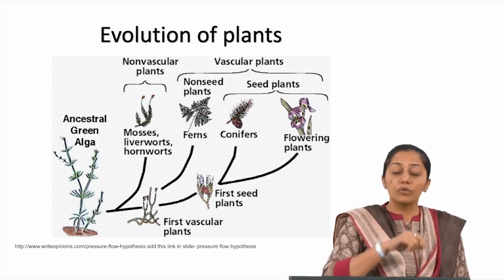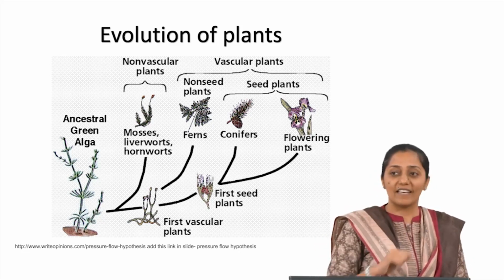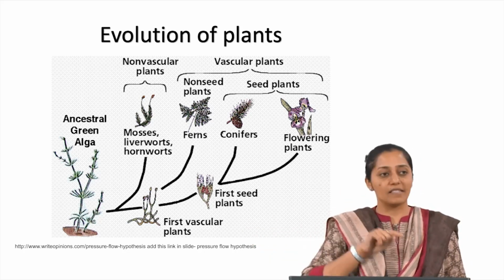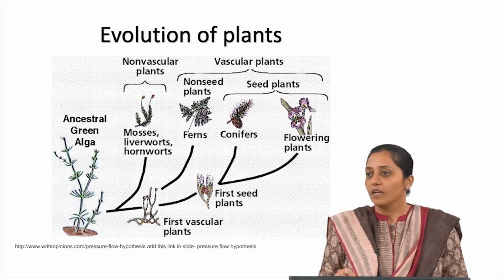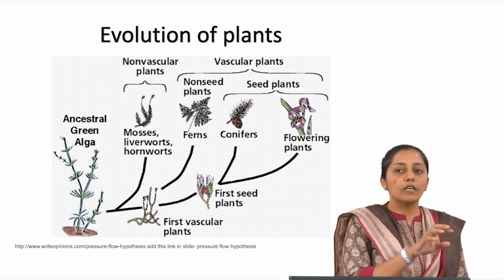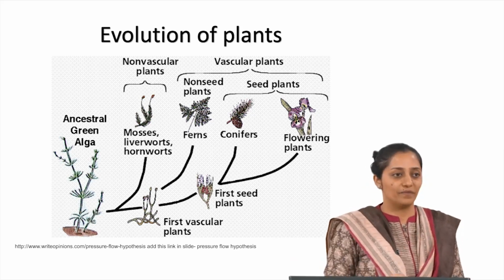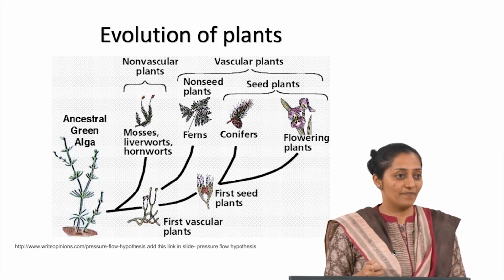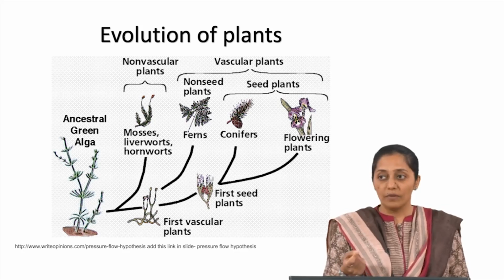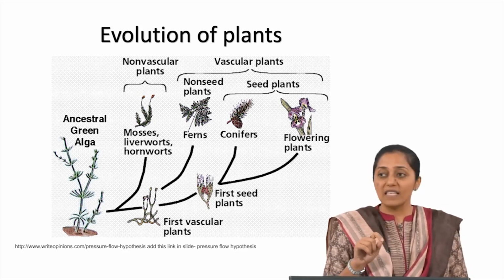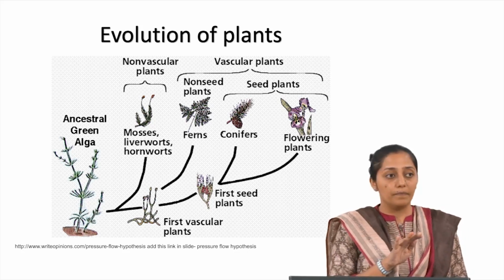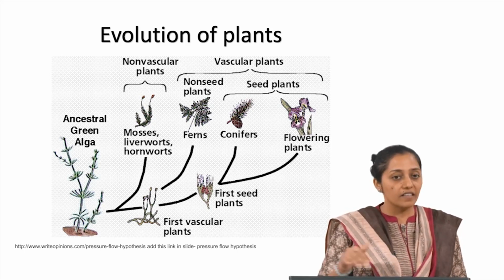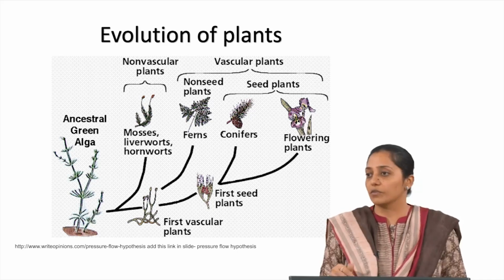Even at the level of the ground, over long lengths they cannot survive, because then again the transport of minerals and water has to be longer. So you will find them very close to water bodies where they can easily find it, for example mosses, algae, liverworts. These kinds of plants which were non-vascular in nature used to grow near the food source or the water source.